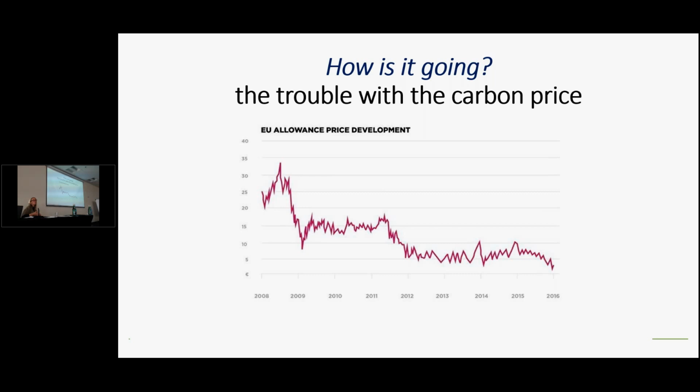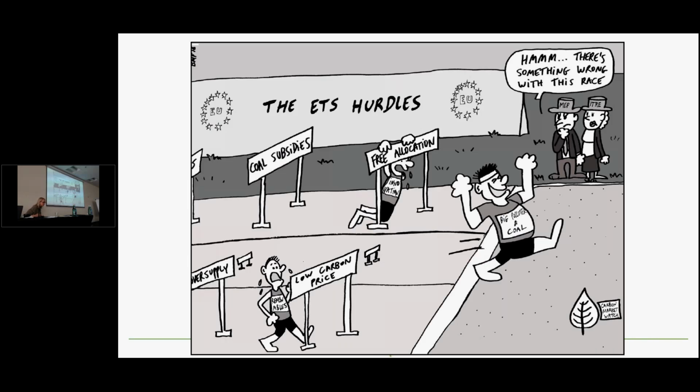Why? Because it's simply too cheap to pollute. So they can afford to buy more permits, and most of the time they don't even have to buy any. So we are in this situation. We've made this little cartoon because there is too much free allocation.